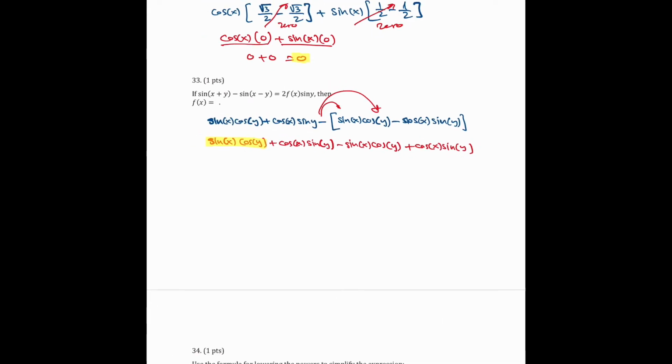Here are the two like terms, and immediately I can cancel these two since one is negative, one is positive. And then cosine x sine y are like terms as well. So if I add them, I will get 2 cosine x sine y. If you compare that to 2f of x, that means f of x will be equal to cosine x sine y.